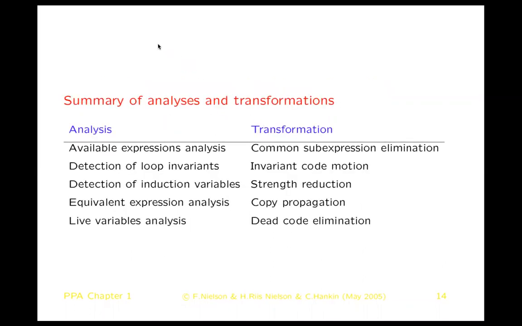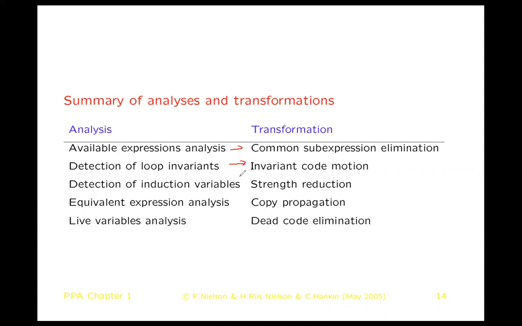The summary of all the things that we have seen is, on the source code, we applied a series of analysis passes. Initially we applied the available expressions analysis pass, and the associated transformation pass is called common sub-expression elimination. Then we have the loop invariance detection analysis pass, and the associated pass is invariant code motion.